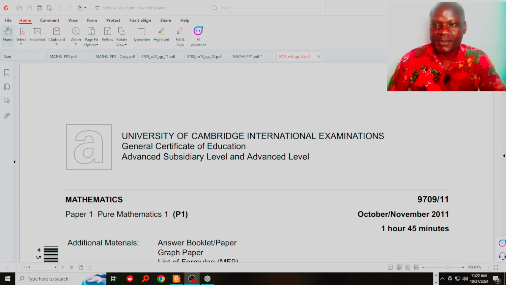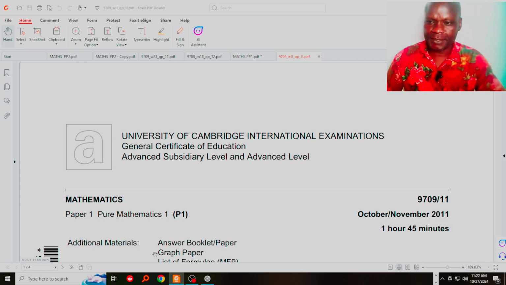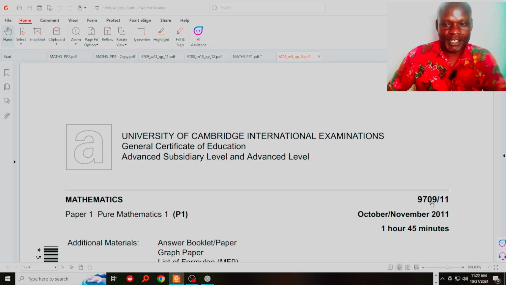Now, here I want us to consider a very interesting paper. It's University of Cambridge International Examinations, General Certificate of Education, Advanced Subsidiary Level and Advanced Level. It's paper 1, that's Pure Mathematics 1, and the code is 9709/11, which was taken between the 10th month and the 11th month of 2011.